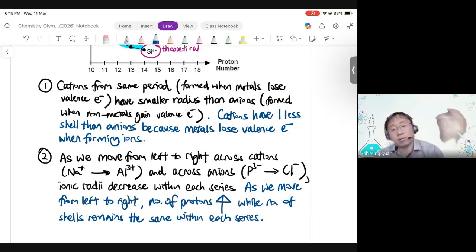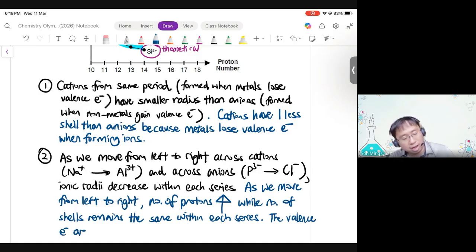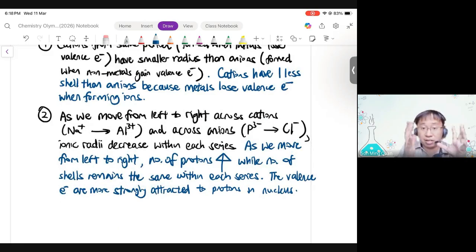Okay. So what does this entail? This means the valence electrons are more strongly attracted to protons in the nucleus. Within each series, the valence electrons will become more strongly attracted to the protons in the nucleus.